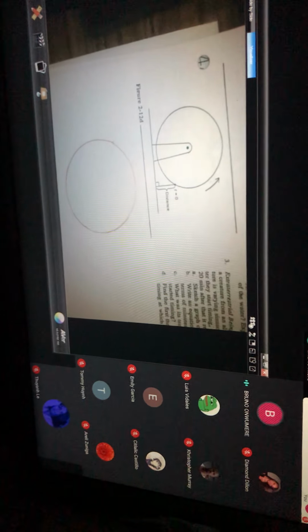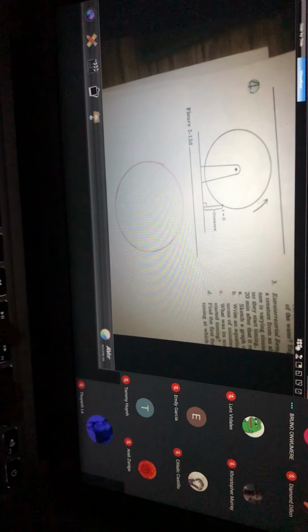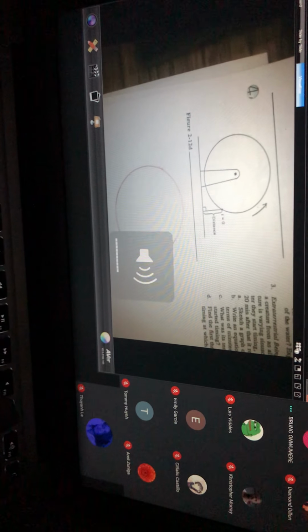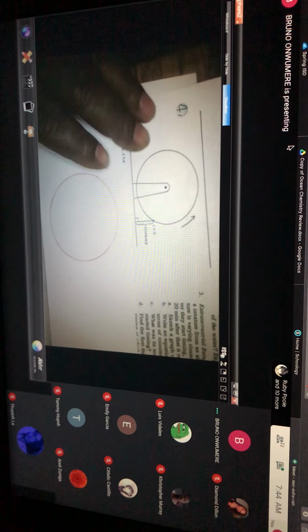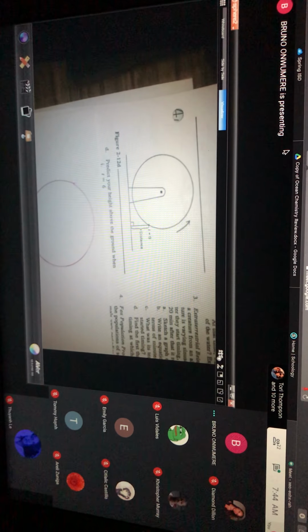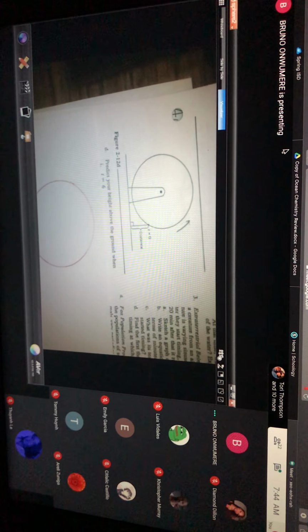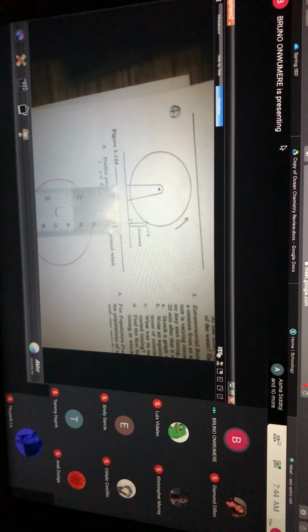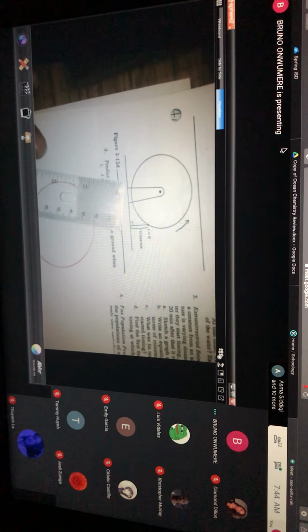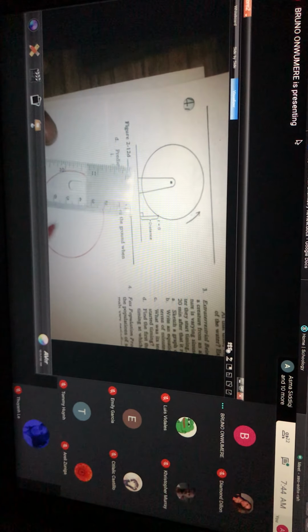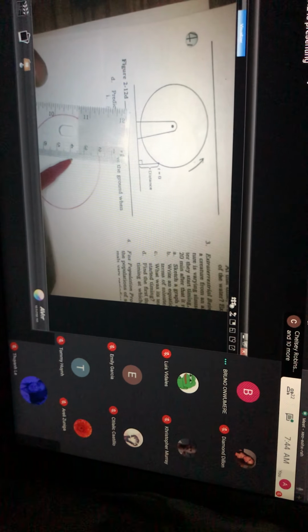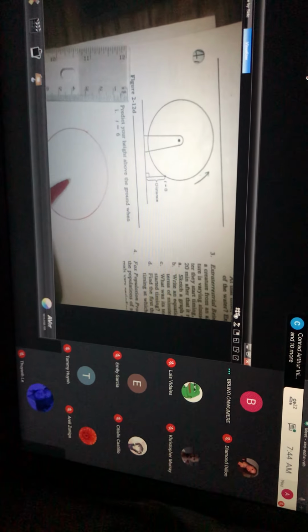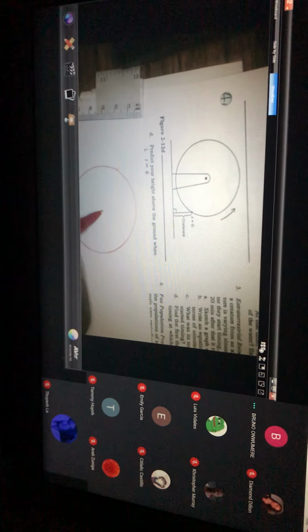Okay, everybody can see this circle. According to this, the Ferris wheel is suspended by a pivot. The center of this is right here.